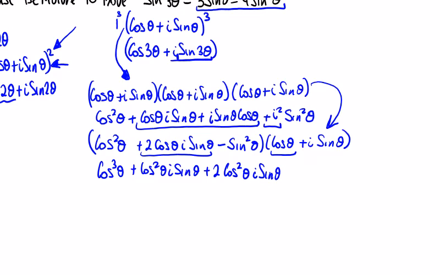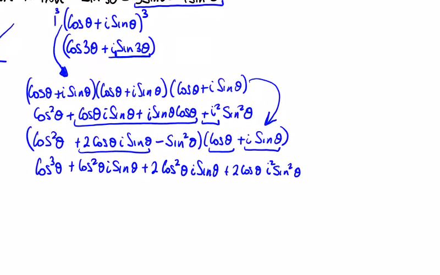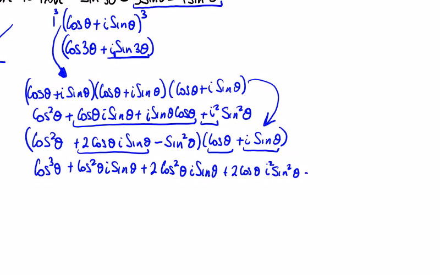And then we're going to have the sine squared part, so plus twice cos theta i sine squared theta. Just check that, 2 cos theta i sine theta by i sine theta, so there's going to be a squared in there too. And then the last two, quite a wide page required here, we're going to have minus sine squared theta by cos theta, and minus sine squared theta by i sine theta, which is minus i sine cubed theta.